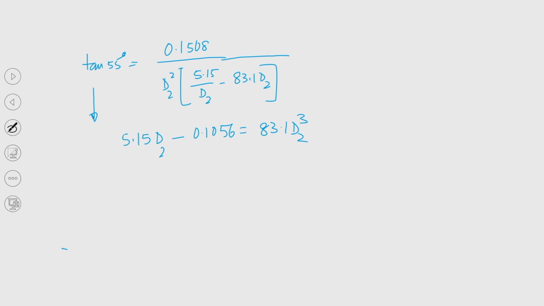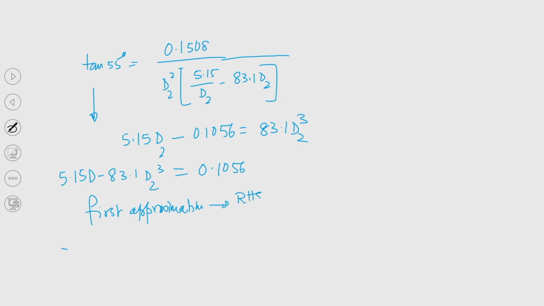So, now you can see how we can do it. For the first approximation, I can simply write this equation like this: 83.1 d2 cube equals 5.15 d minus 0.1056. For the first approximation, we can make RHS equal to 0.